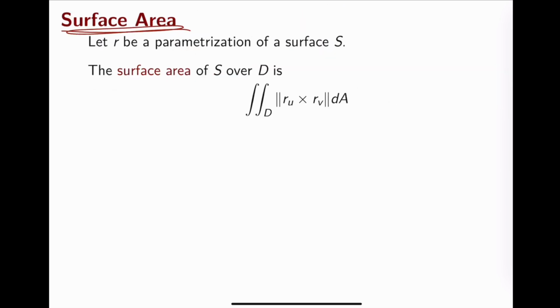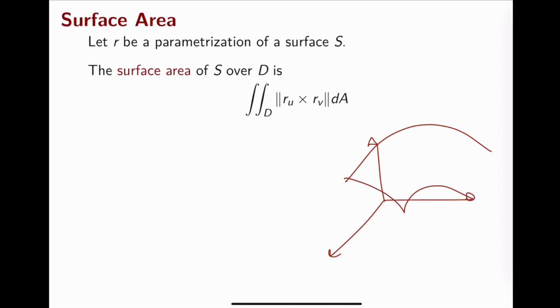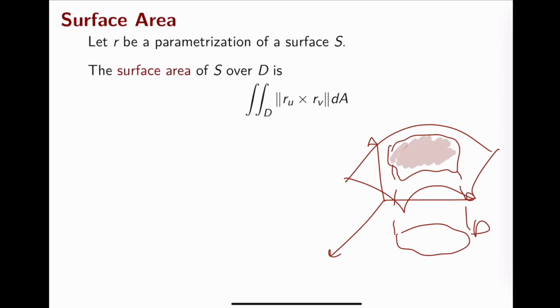Now the surface area. If we are given a surface like before, of a certain part here, a certain domain, the value of the surface area is going to be given by the double integral over the domain that we want to calculate the surface area on, of the norm of the normal vector.